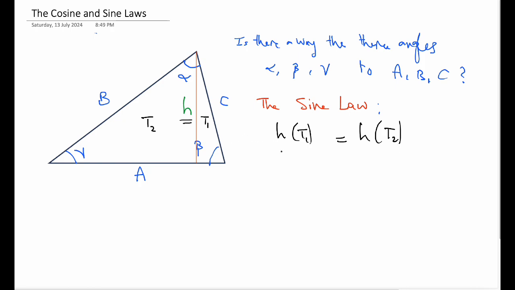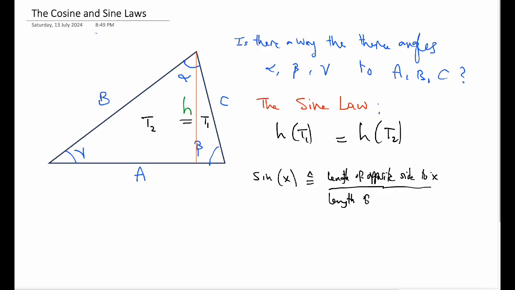So we know that sine of any angle, sine x, is defined as the length of the opposite side to angle x divided by the length of the adjacent.